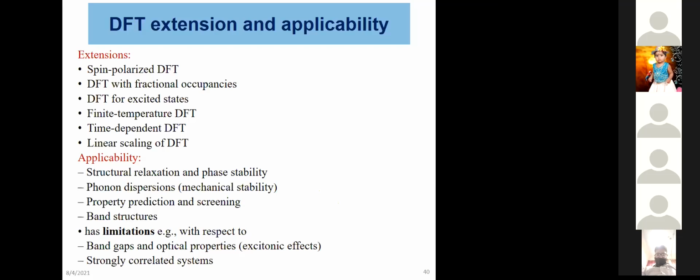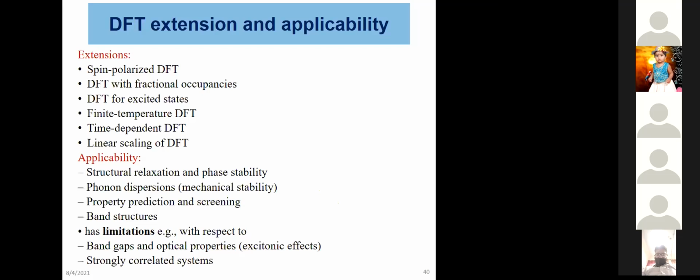So if you want to study our system at some finite temperature, then we will have finite temperature DFT. In our Hamiltonian, we will have a temperature term also, energy arising from the temperature term. And also, if you want to study how the system is evolving with time, how the property is changing with time, then we will have time dependent DFT.